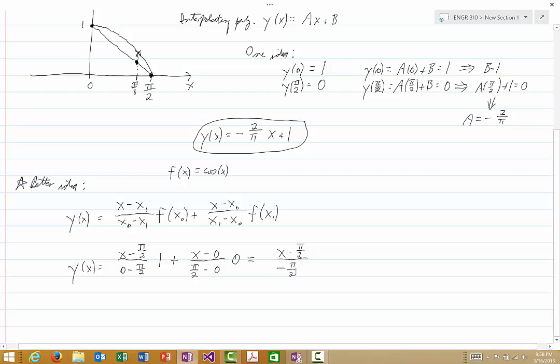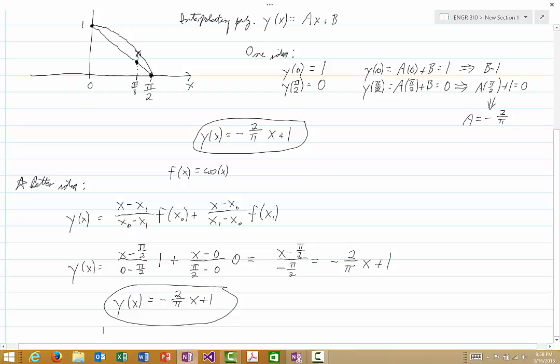Well, we don't have to put the 1 down, of course, and this term all drops out because of the 0, and so we get minus 2 over pi x plus 1. y of x equals minus 2 over pi x plus 1. And you can see, as we said before, this is exactly the same result that we obtained before. But I'd like to make a couple of comments.